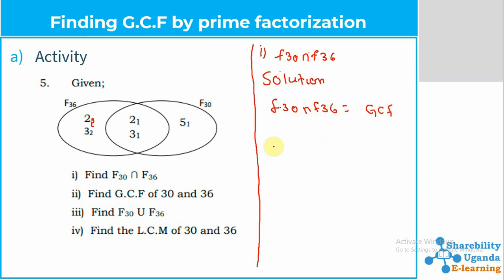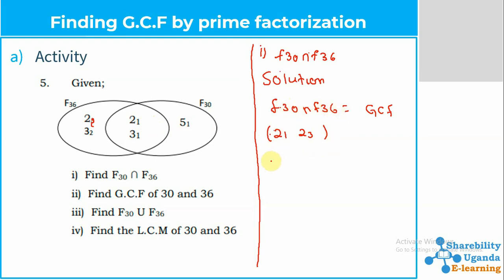Let's first list them. We have 2^1 and also 3^1. These are going to be our prime factors of 30 intersection prime factors of 36.